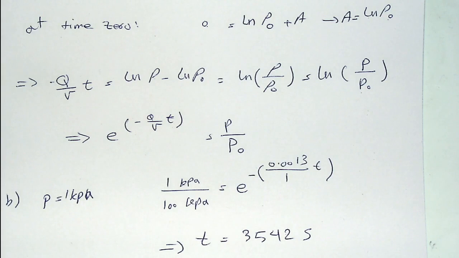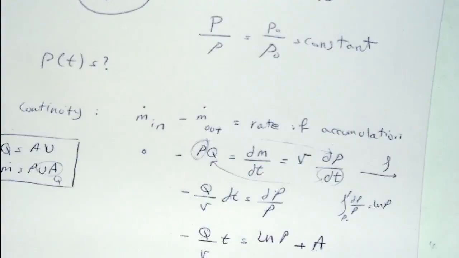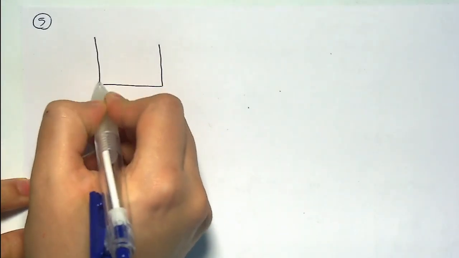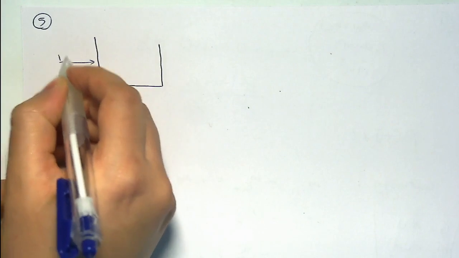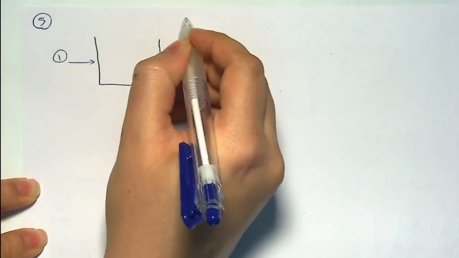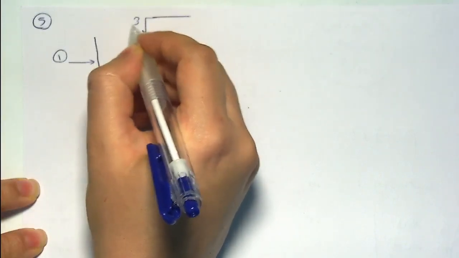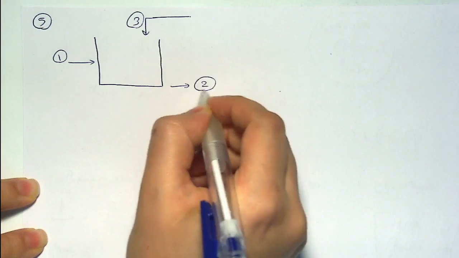Okay, so now let's go to the next question if you don't have any other questions. In question 5, there is a tank. It has 2 inflows from pipe 1 and pipe 3 and 1 outflow from pipe 2.